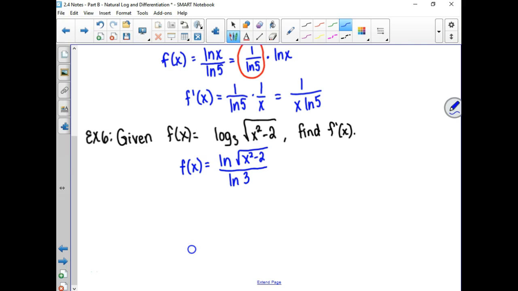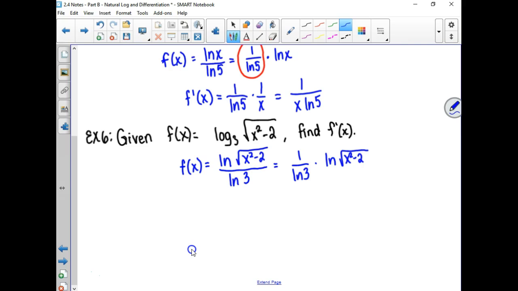Now there is a shortcut I could use here that is going to make this a little bit easier to take the derivative of. I know that 1 over natural log of 3 just kind of needs to be pulled out to the front. And that leaves me natural log of the square root of x squared minus 2. That's the part I'm actually taking the derivative of.